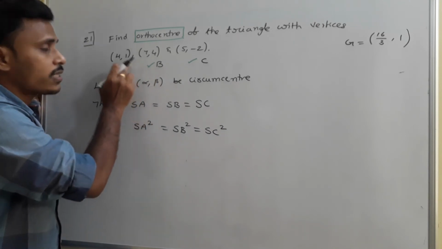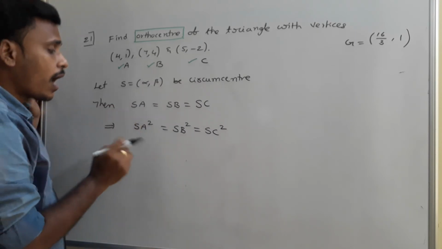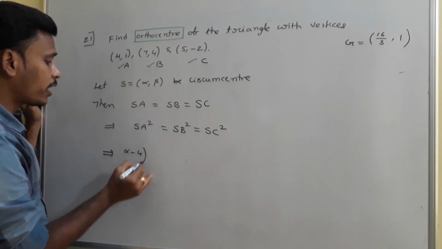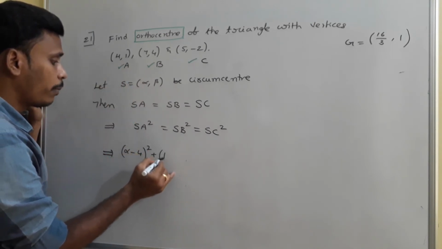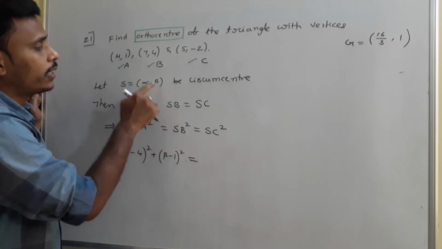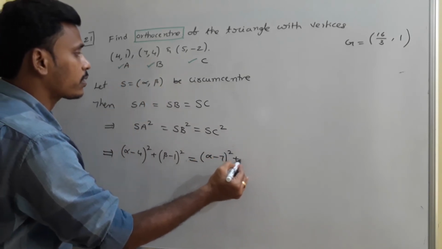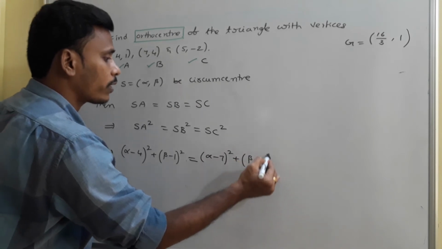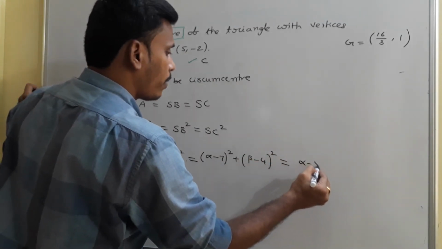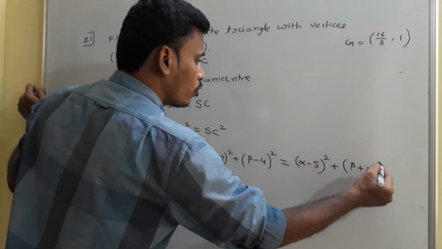The distance between S and A. The square root and the square get cancelled, and we get (alpha minus 4) whole square plus (beta minus 1) whole square is equal to, again, SB, the distance between S and B whole square: (alpha minus 7) whole square plus (beta minus 4) whole square, and then SC square, the distance between S and C: (alpha minus 5) whole square plus (beta minus of minus 2, that is beta plus 2) whole square.